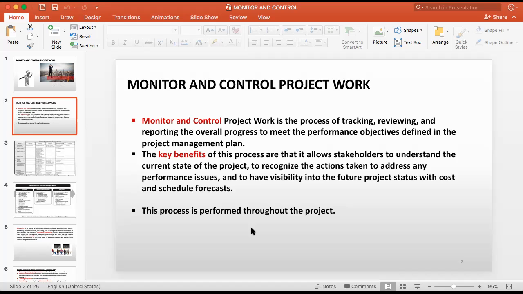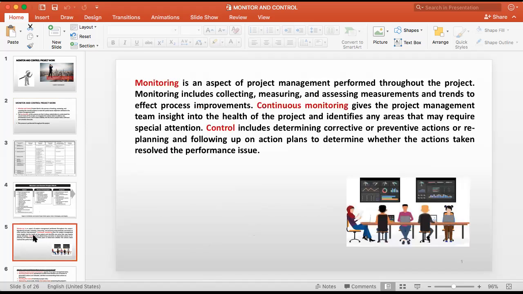So if you build up your name as a good project manager, you will get more work, and you will be recognized as one of the best project managers. Likewise, you can achieve your targets by learning this project management. So the monitoring and controlling process is a most important and very advanced process in this integration management. So that is what we have to learn.